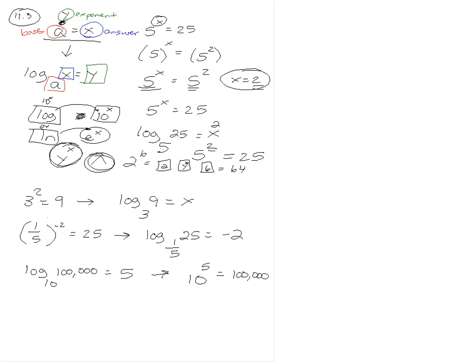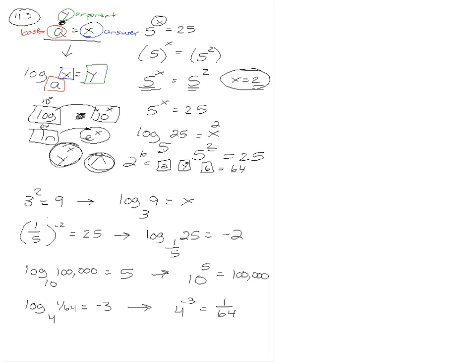All right. And does 10 to the 5th equal 100,000? Yes, it does. Okay. So if I had log base 4 of 1/64 equals negative 3, what would that look like exponentially? It would be 4 to the negative 3 equals 1 over 64.